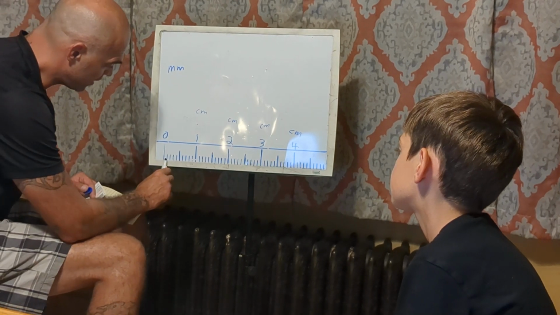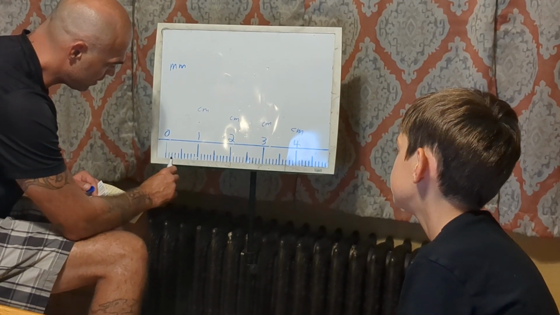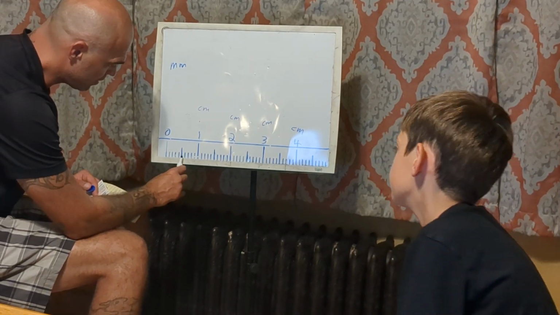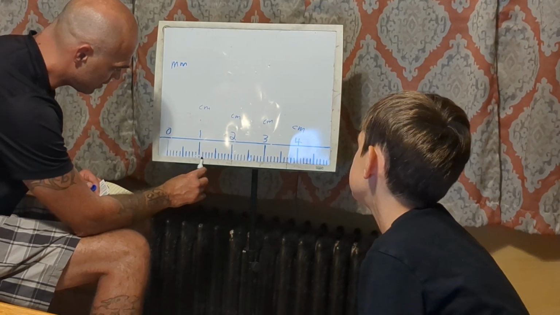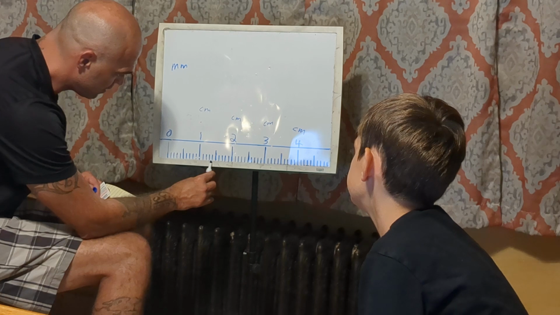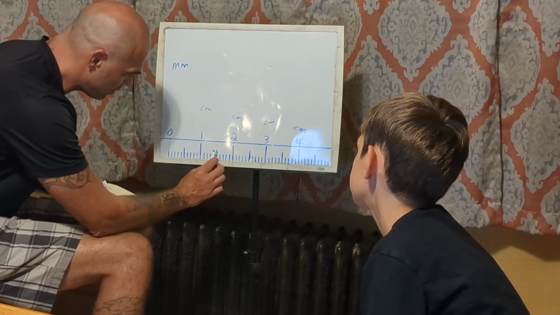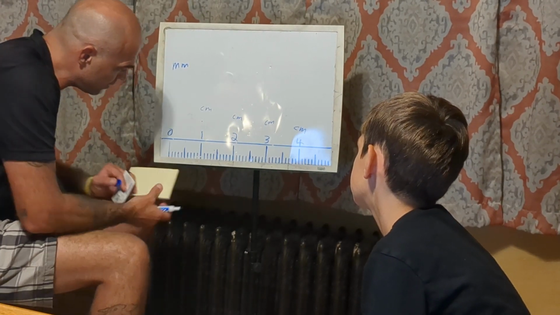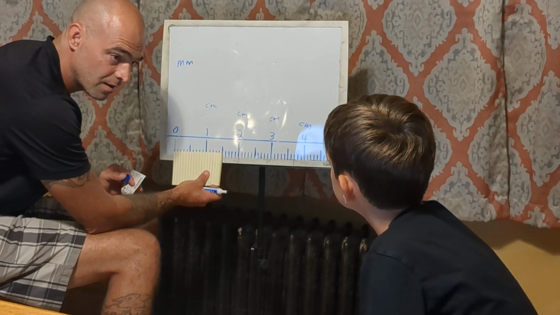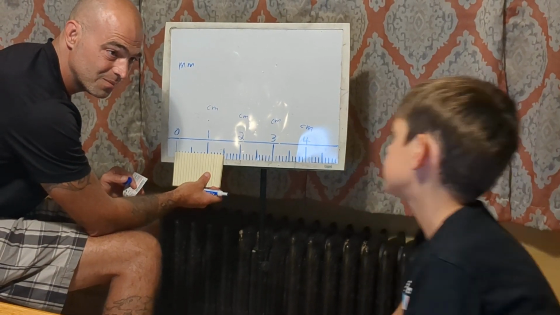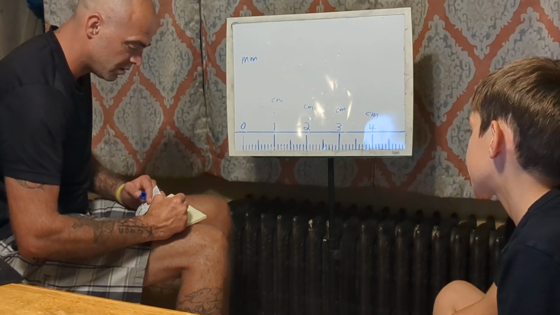Let's count. 1, 2, 3, 4, 5, 6, 7, 8, 9, 10, 11, 12, 13, 14. Okay. I'll make a little mark there. That's 14 millimeters. What do you think it is now? 15. 15 millimeters. Okay, so now we know this piece of paper is 15 millimeters, right?